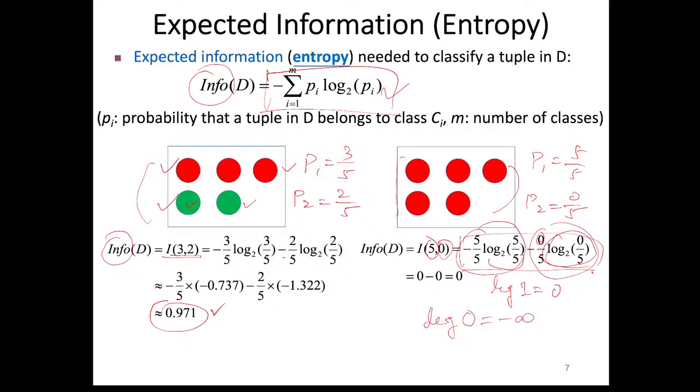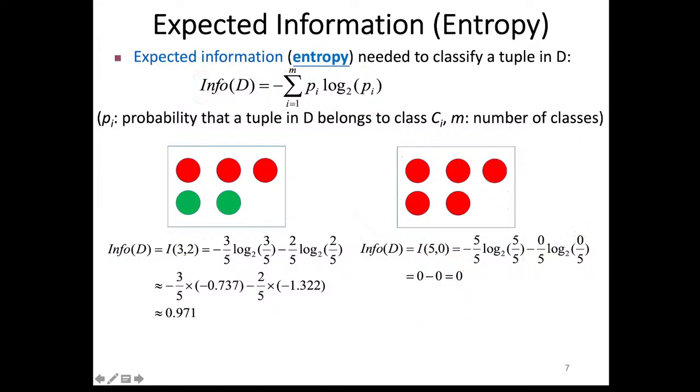But here, let's make a rule: 0 log 0, we define it as 0. If we define it as 0, then we will have 0 subtract 0, which is 0. So we have no problem now. We said that this should be very pure, which means the amount of randomness should be very low, and indeed we get 0. So this is what we want.